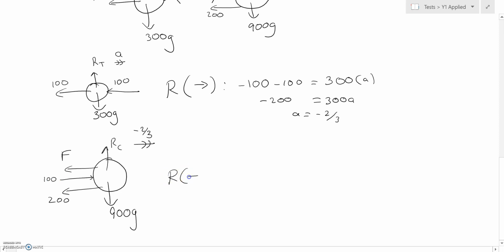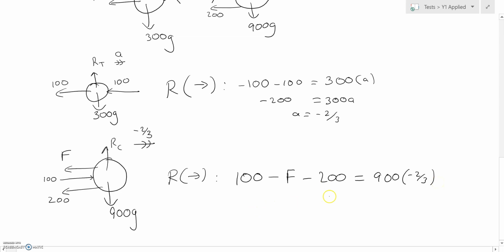So let's resolve going to the right. We've got 100 going to the right. Got F going to the left, so that's going to be negative, and 200 going to the left also, so that's going to be negative 200. And that's equal to mass times acceleration, which was minus 2/3.